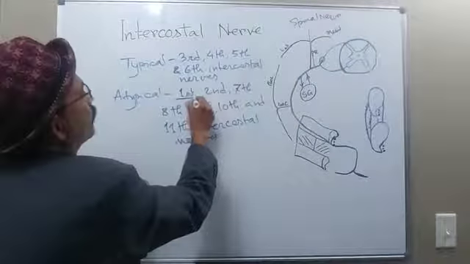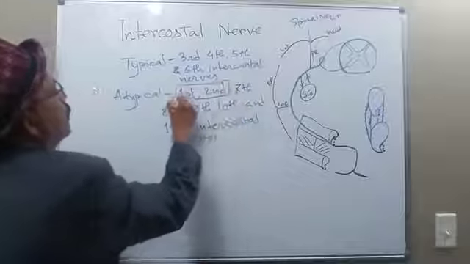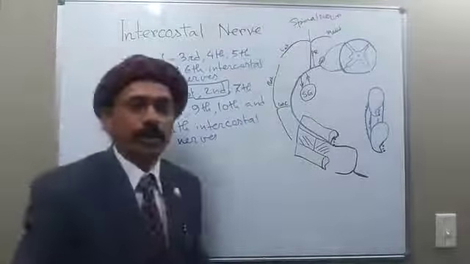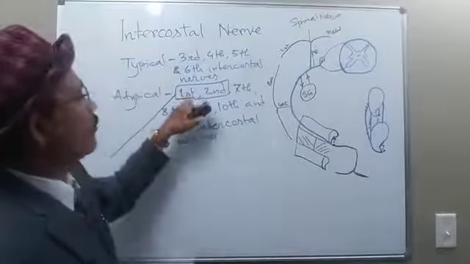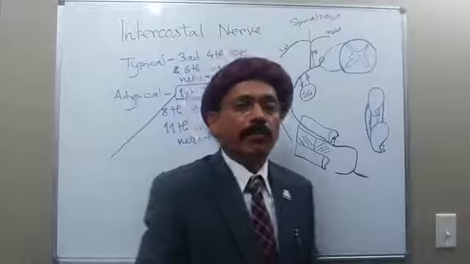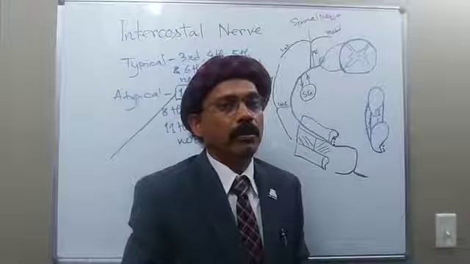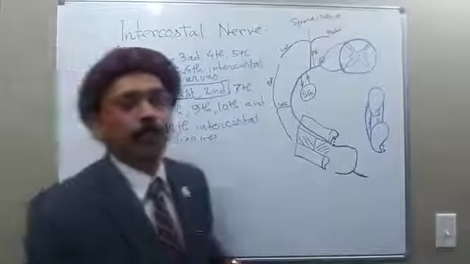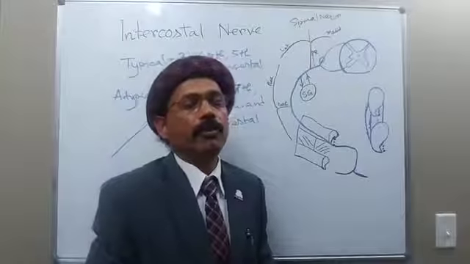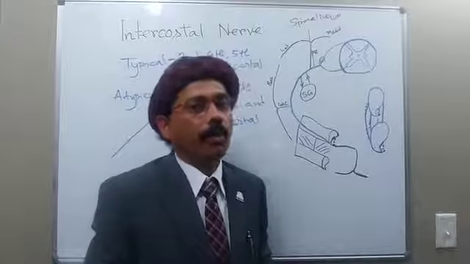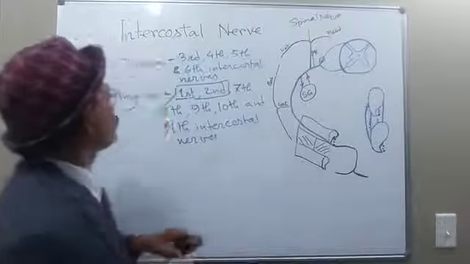Because the first and second intercostal nerves also contribute in the innervation of the upper extremity. The first intercostal nerve will contribute in the formation of the brachial plexus. Even sometimes the second intercostal nerve may also contribute in the formation of the brachial plexus in post-fixed type of brachial plexus.